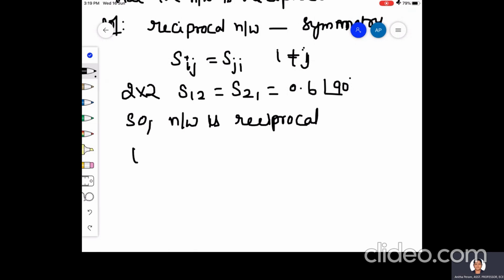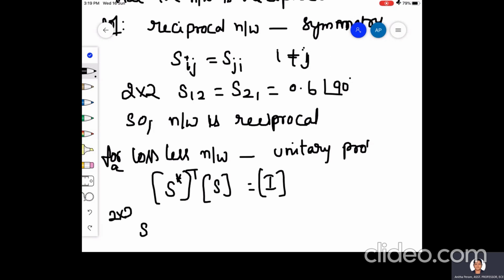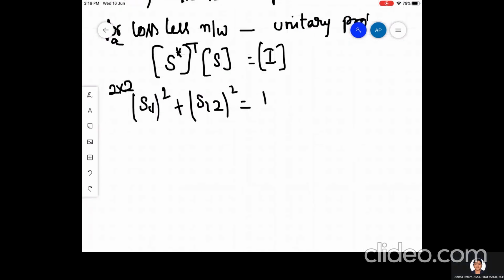For a lossless network, we know that it has to satisfy the unitary property. According to that, S conjugate transpose multiplied with S must result in identity. From this, for a 2 cross 2 matrix, S11 square plus S12 square must be equal to 1. Cross verify that.